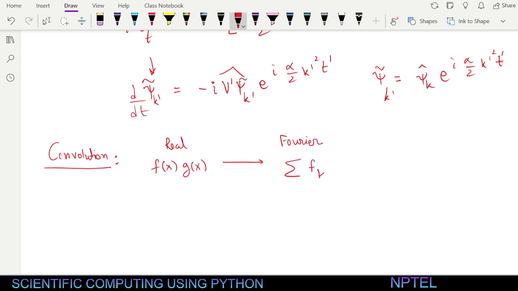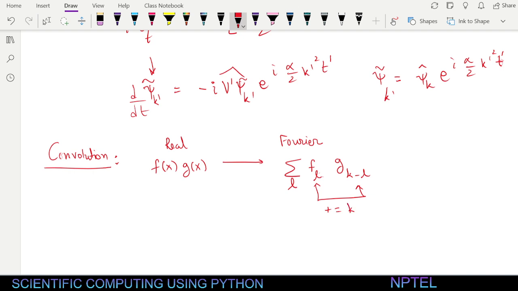It is the sum over f_k and g of, let me make some other index, l, and this is k minus l, and this is summed over l. So as you can see, the total sum is k.